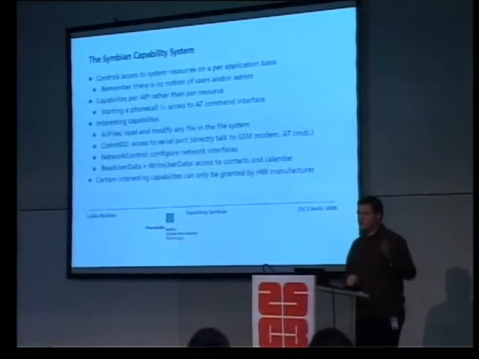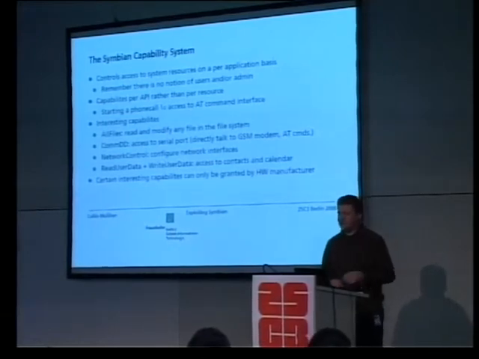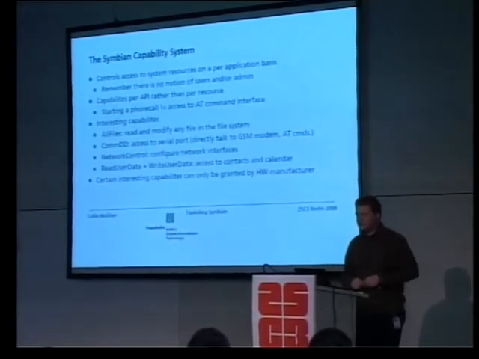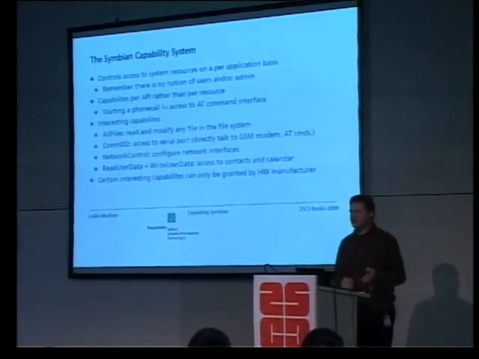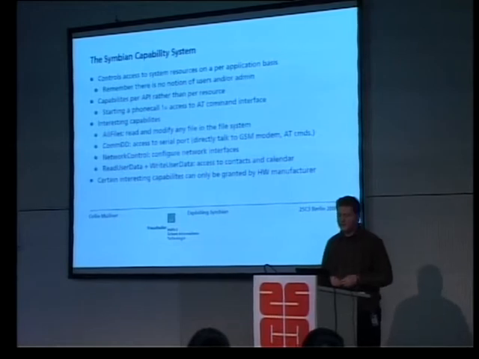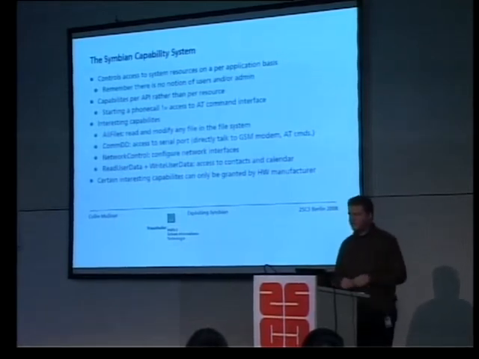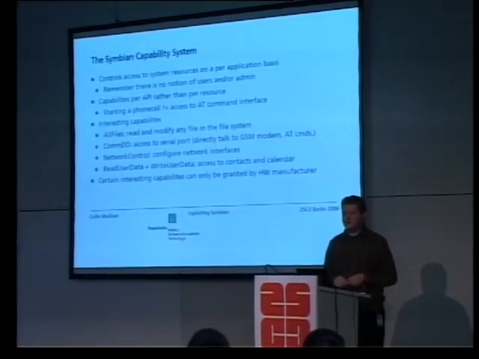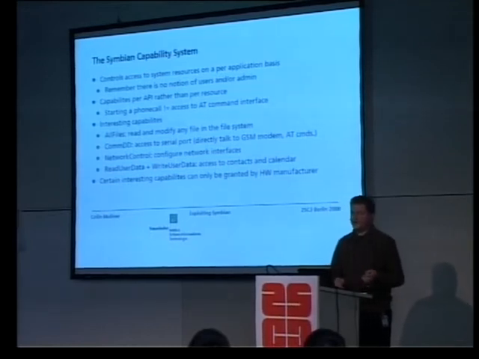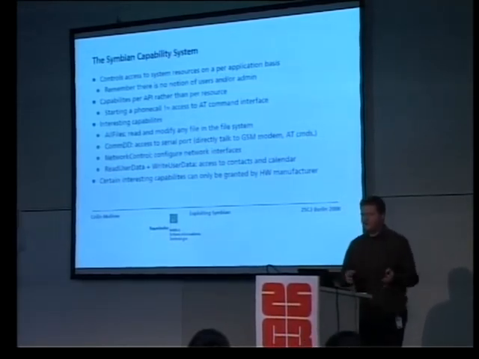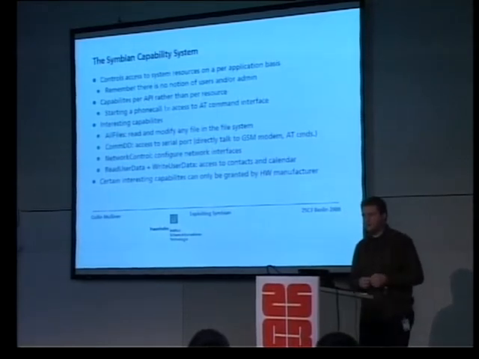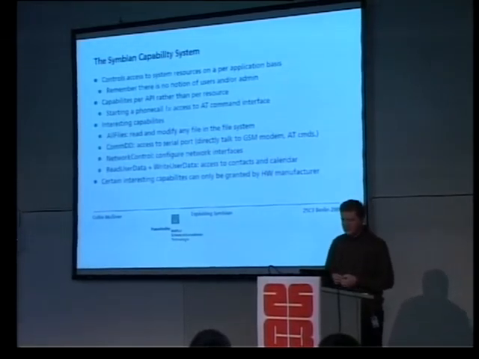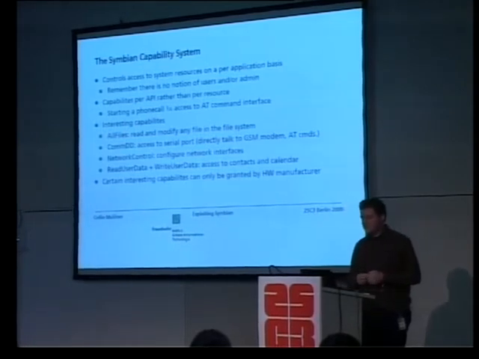So you cannot just say this user or this application can do everything with the network interface. In Symbian, it's per API, so you can say this application can start a phone call, and this application gets low-level access to the AT command set of the phone. It's quite nice.